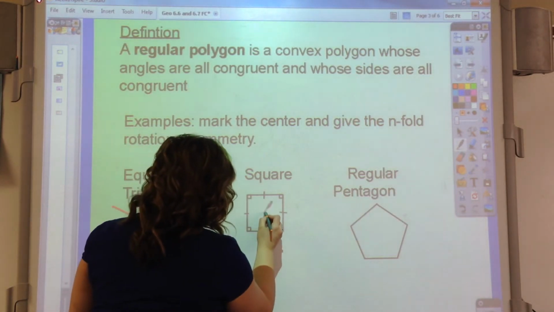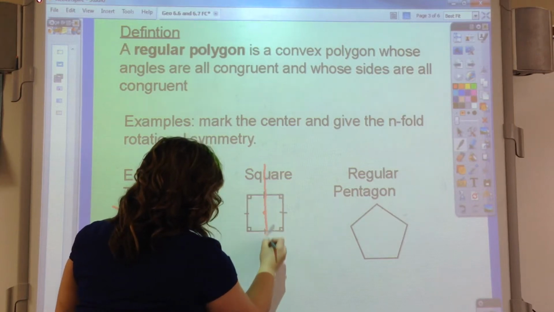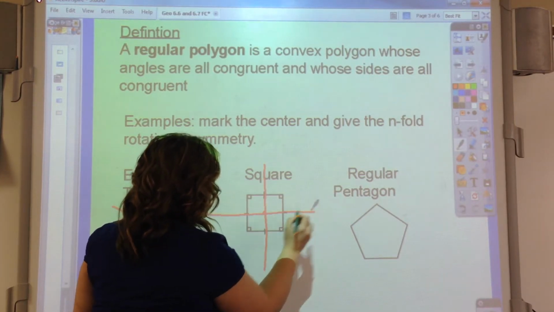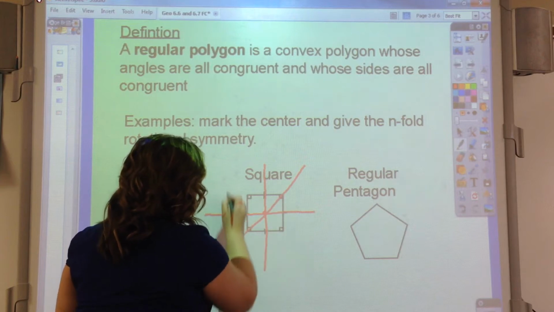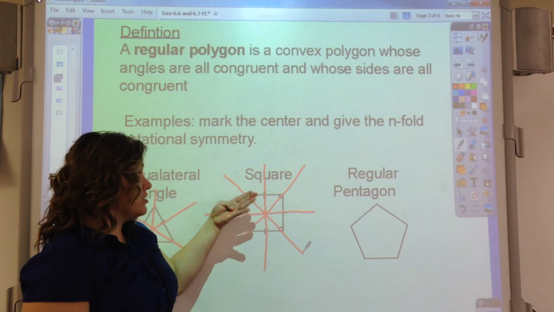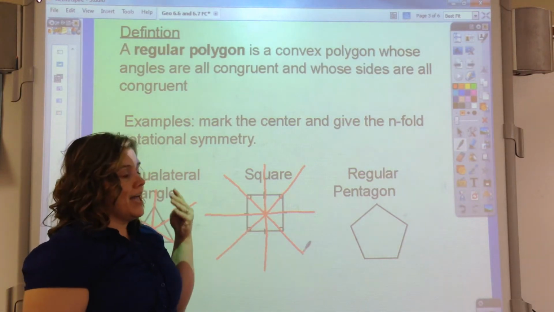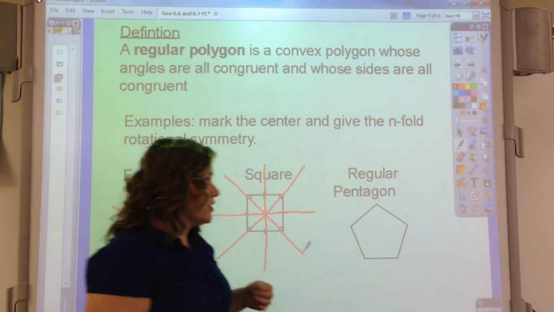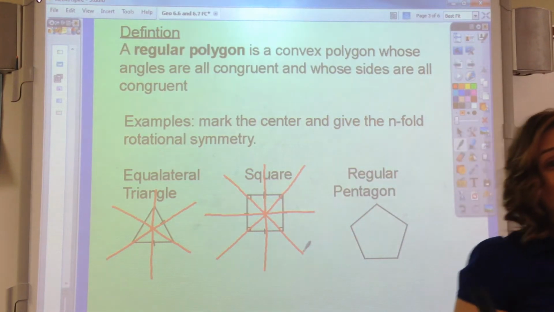Now for a square, here's my center, and I draw my first two lines of symmetry, and then I can draw two more lines of symmetry. And notice that for a square, which has four congruent side lengths, I have four lines of symmetry. How many lines of symmetry do you think I'm going to have with a pentagon?